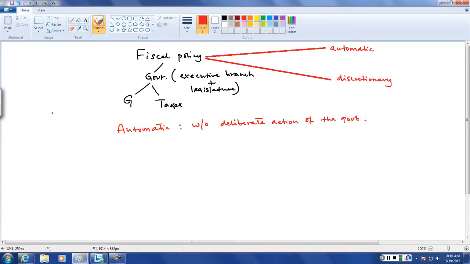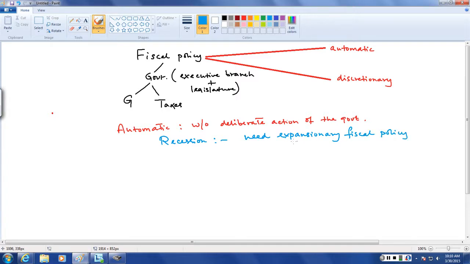Now, when there is a recession, what kind of fiscal policy is called for? When there is a recession, what kind of fiscal policy do we need? We need expansionary fiscal policy. Is that correct?